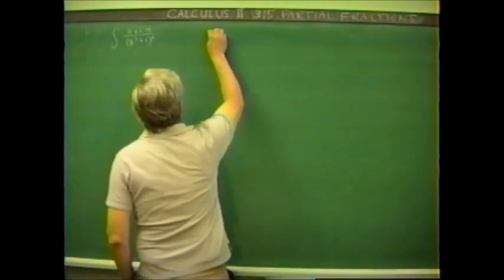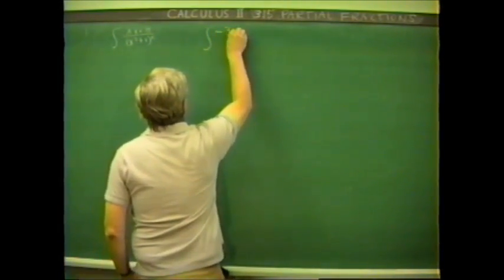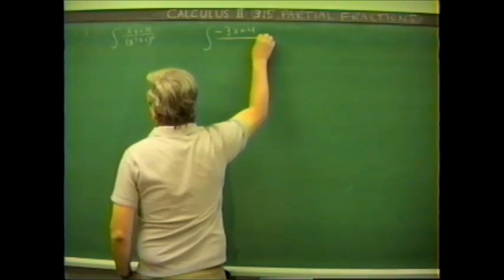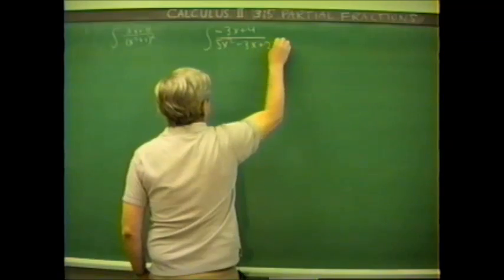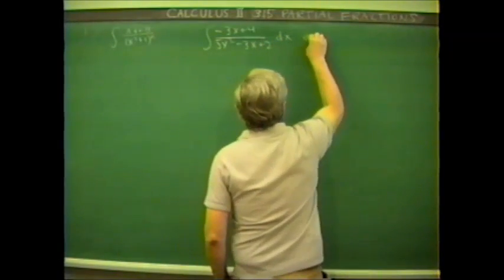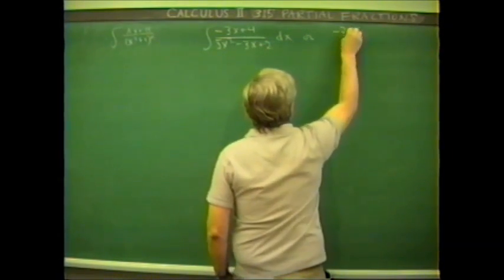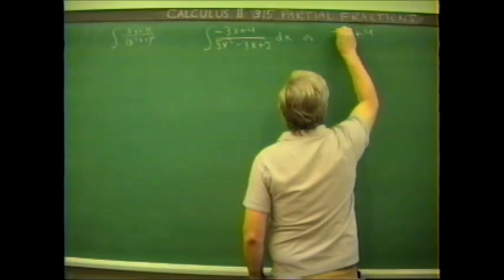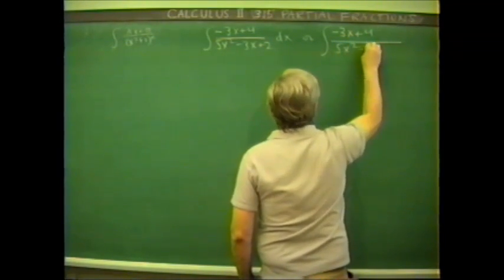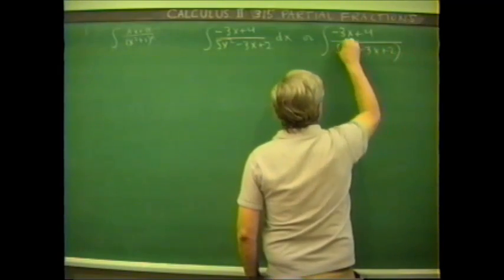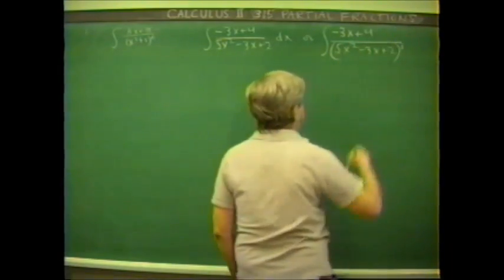Let's take an example. The integral of minus 3x plus 4 over 5x squared minus 3x plus 2 dx, or a parallel situation here, minus 3x plus 4 over 5x squared minus 3x plus 2. Let's imagine that this is now to the 3rd power here.